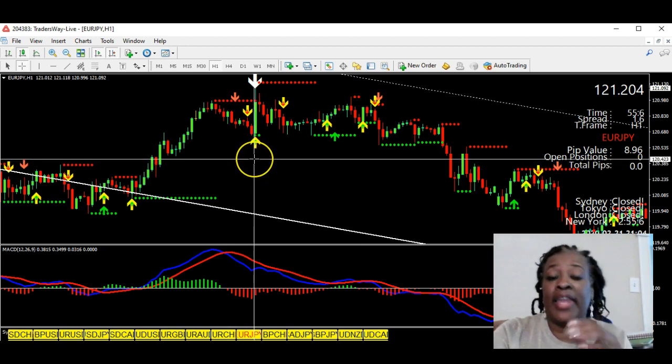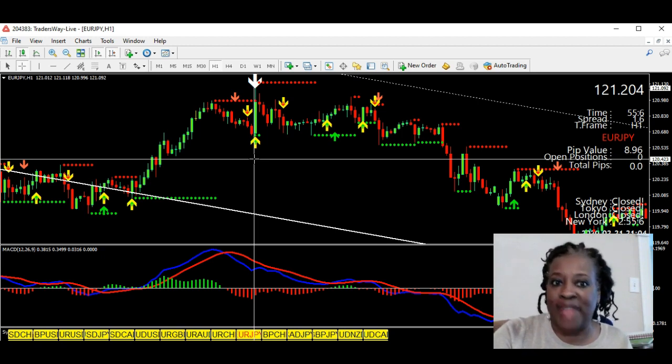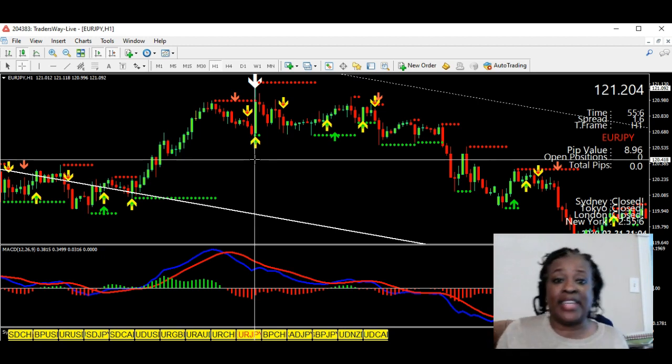But it does happen previous to the big arrow. I've noticed that. And so that's an indication. Once you get the crossover on the MACD, that's a very strong indication of a change in direction.